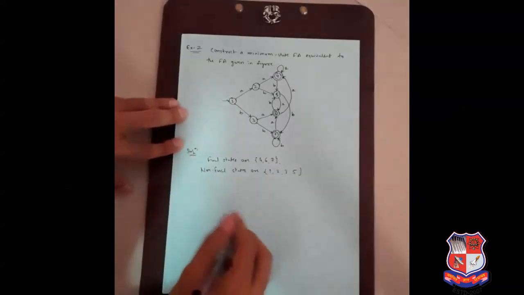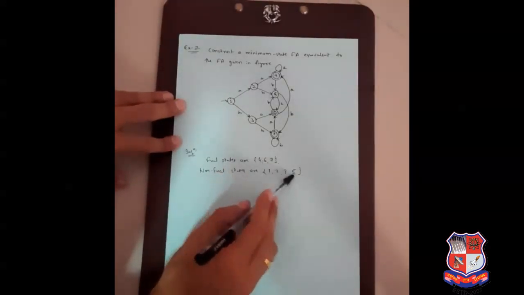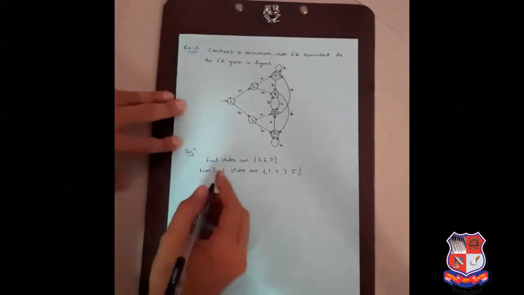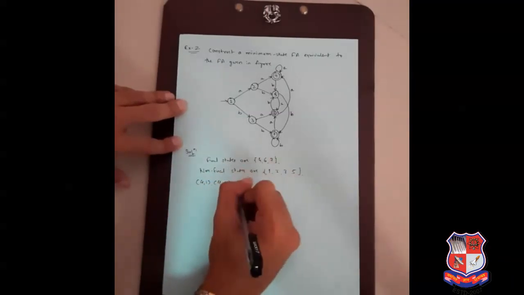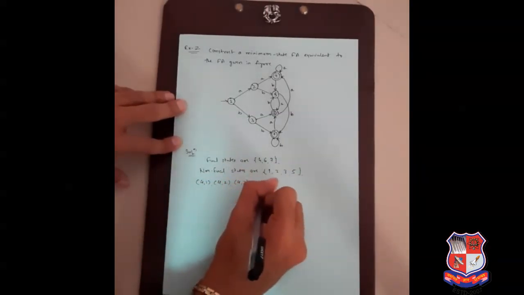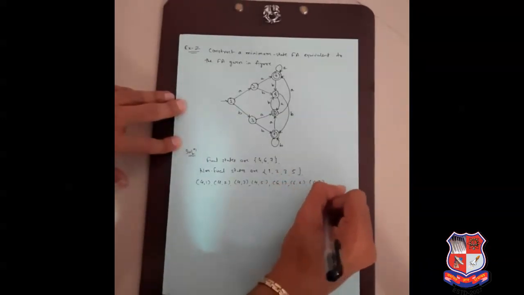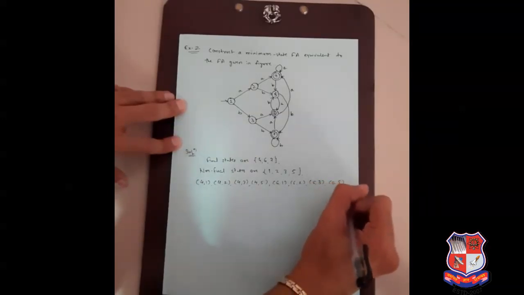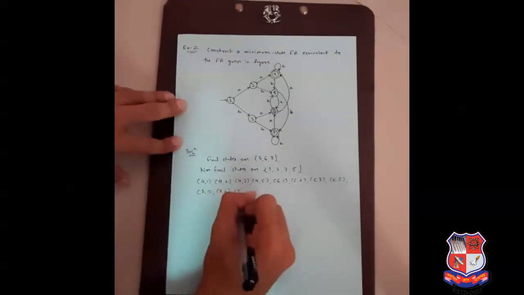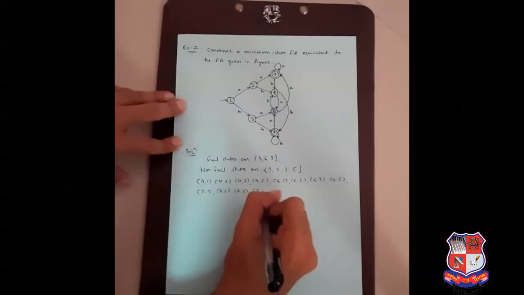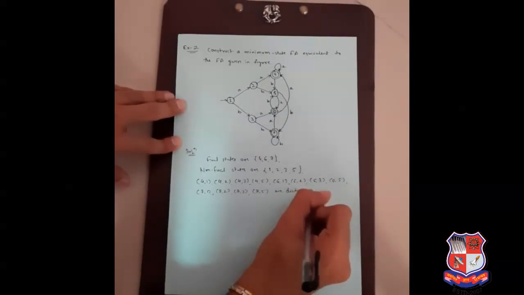Now make the distinguished pairs, meaning final and non-final pairs: 4 1, 4 2, 4 3, 4 5, 6 1, 6 2, 6 3, 6 5, 7 1, 7 2, 7 3 and 7 5 are the distinguished pairs.